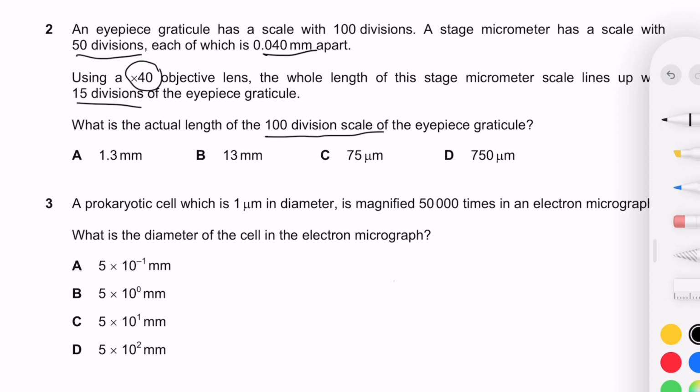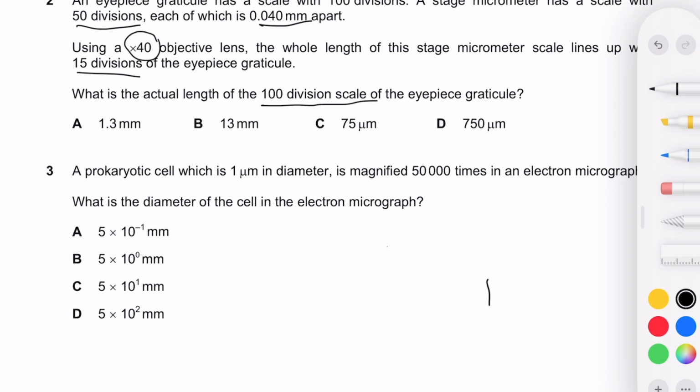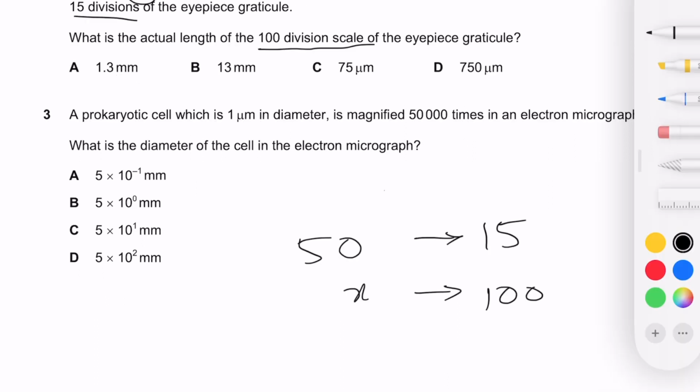So let's begin by saying that 15 divisions of the eyepiece graticule will be lining up against 50 divisions of the stage micrometer. How many stage micrometer units? I know that they're not more, but let's see how many could possibly line up. That will be 333.3. Now we understand that 50 divisions will have a length of 50 times 0.04, because a single stage micrometer unit has a length of 0.04.